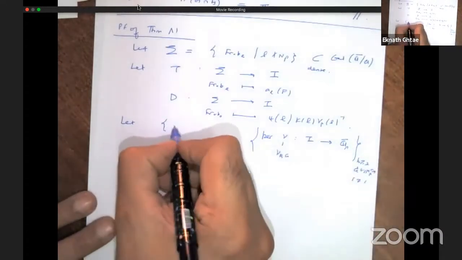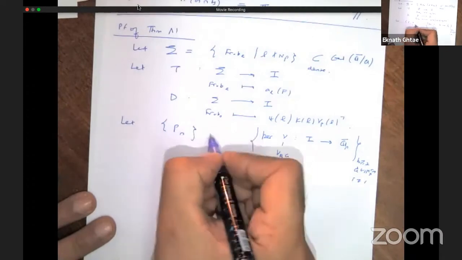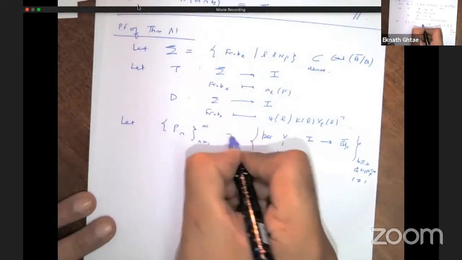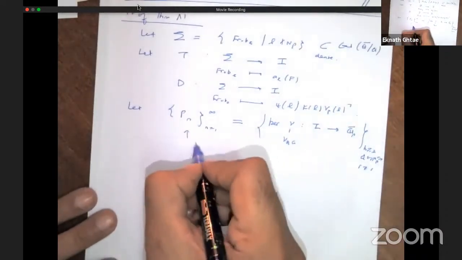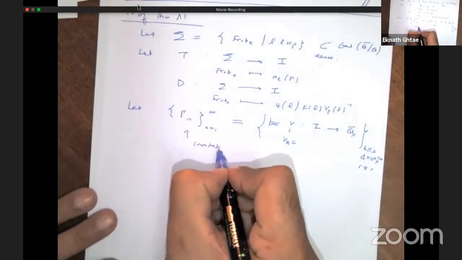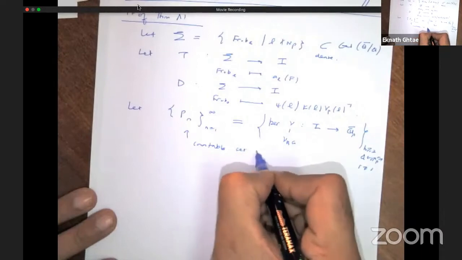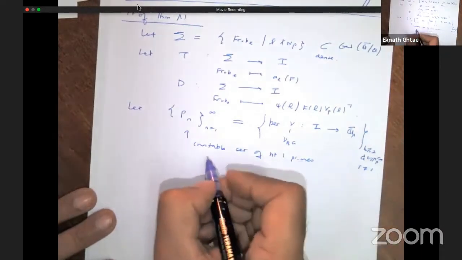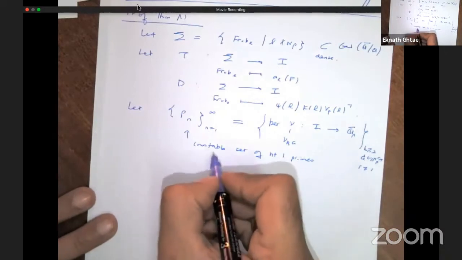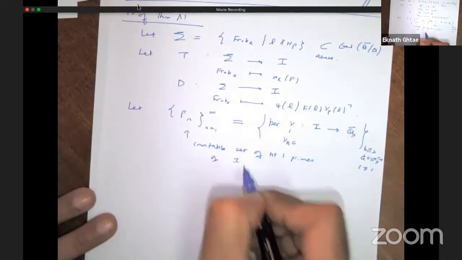So let me number them and call them P_n for n equals 1 to infinity for simplicity. Okay, a countable set of height 1 primes. But this infinite set is all we really need of I.